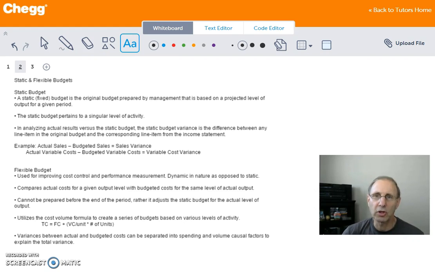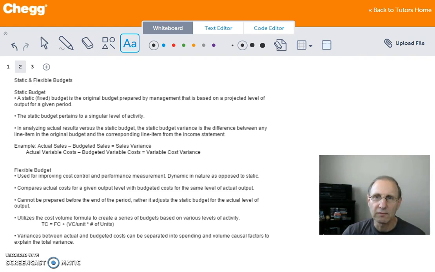The important thing to note about a flexible budget is that it utilizes the cost volume formula to create a series of budgets based on the various levels of activity. As a refresher, the cost volume formula is simply total cost equals fixed costs plus variable cost per unit times the number of units.